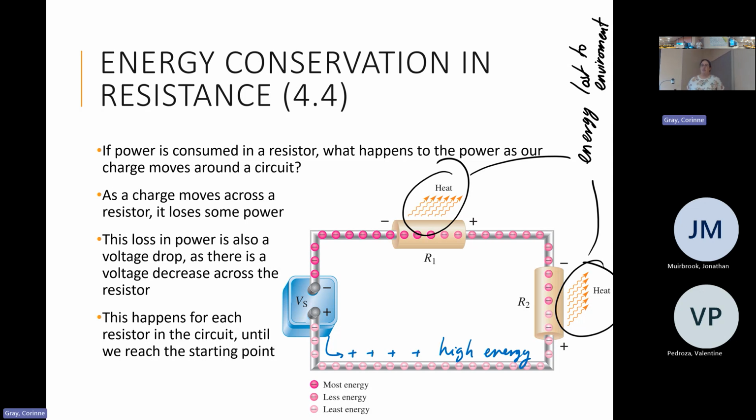Yeah, it hasn't come into contact with the resistor yet. You have the highest energy because you just left the battery and you're going along an ideal wire. There's no change in your energy yet. You're going to hit this resistor and you're going to have medium energy. And then you're going to hit that last resistor and then you're going to have low energy.